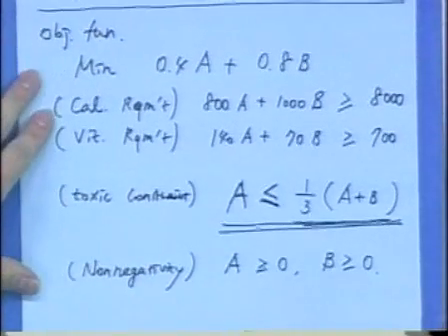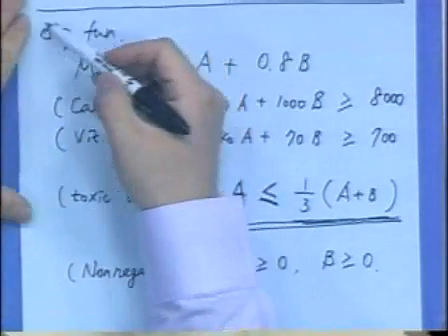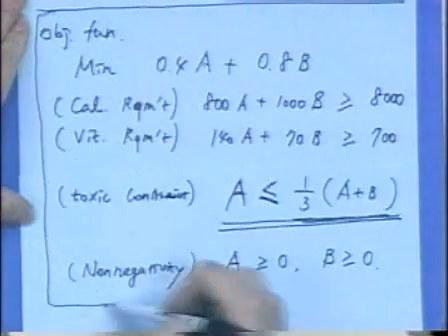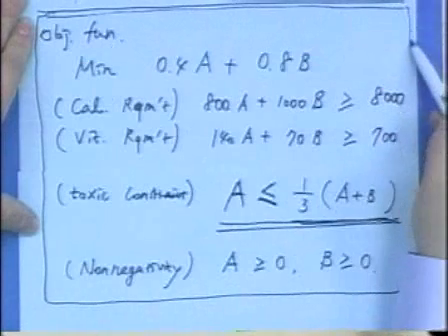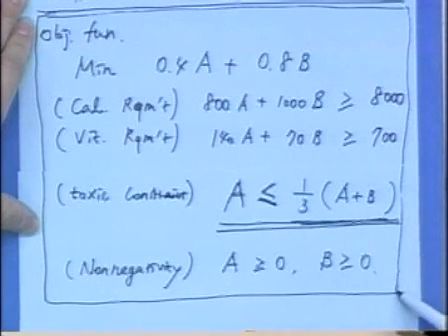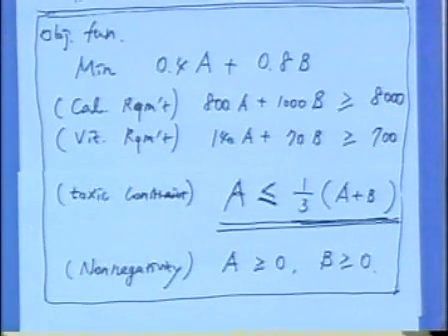So this is the complete math formulation for our problem, right? Which does include the objective function and constraints, including the non-negativity restriction. Okay? Isn't it easy? Okay.